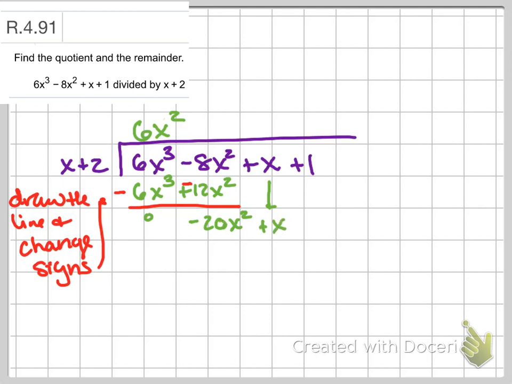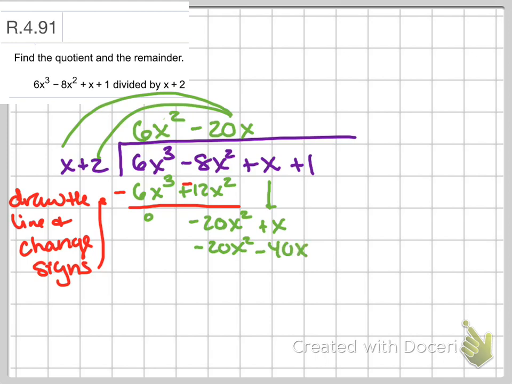So again, just looking at x and negative 20x squared, what do we multiply x by to turn it into a negative 20x squared? We multiply it by a negative 20 and an x. Again, just like we did with the 6x squared, we're going to take that negative 20, multiply it to the x to get negative 20x squared, and multiply it to the 2 to get negative 40x.